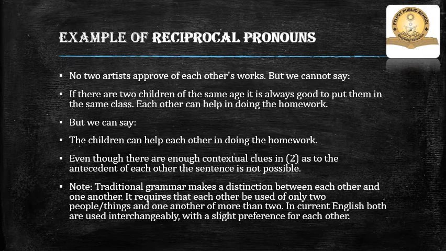In current English, both are used interchangeably with a slight preference for each other. So most of the time we don't use each other, we use one another. But as explained, for two people or things we use each other, and for more than two we use one another.